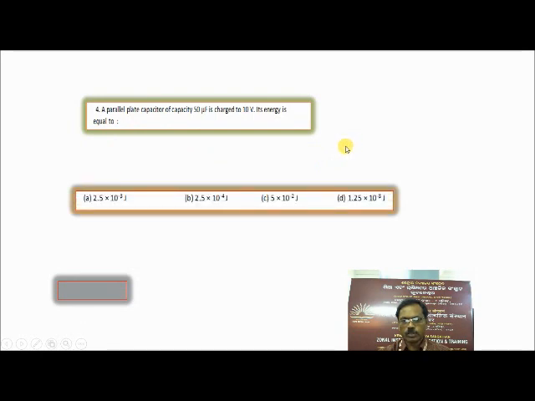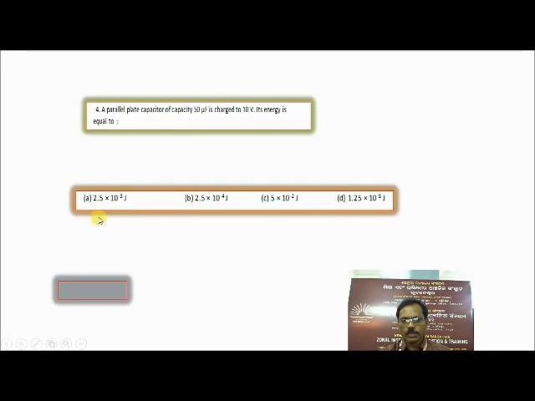A parallel plate capacitor of capacity 50 microfarad is charged to 10 volt. Its energy is equal to, how much will the energy be? Parallel plate energy, you have to apply the equation and substitute the values.